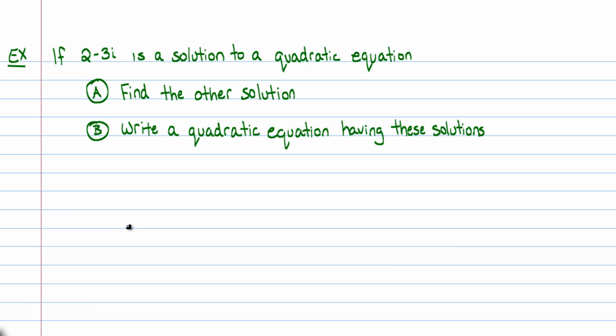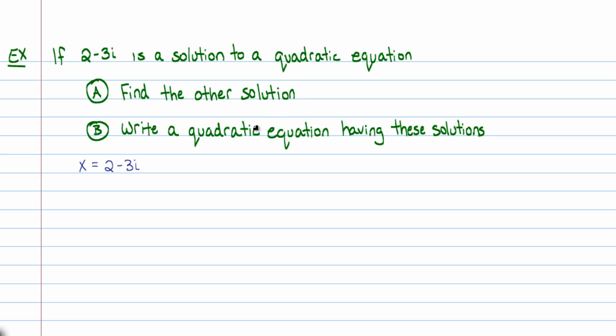As a very advanced problem when you're dealing with complex number solutions for quadratic equations, you could consider this problem here. Let's suppose that we know a solution to a quadratic equation is 2 minus 3i. So we have a quadratic equation and we happen to know that x equals 2 minus 3i is one of the solutions.